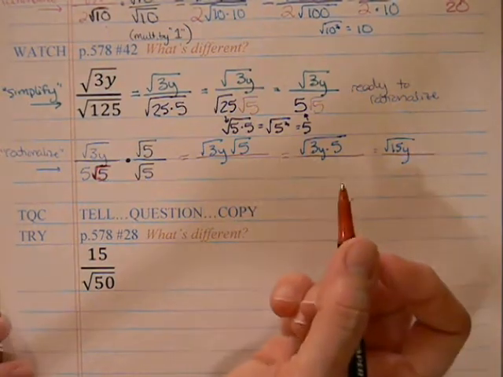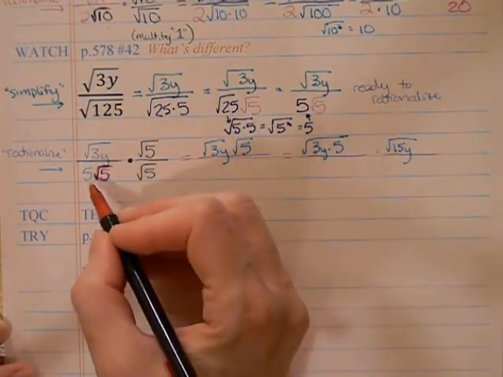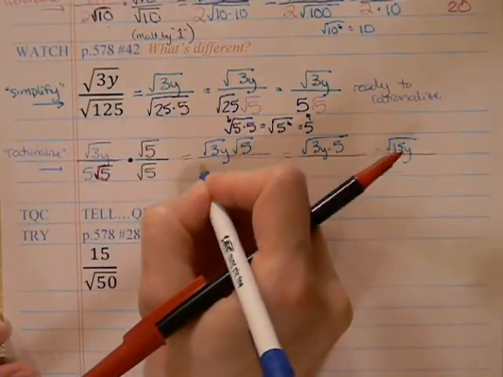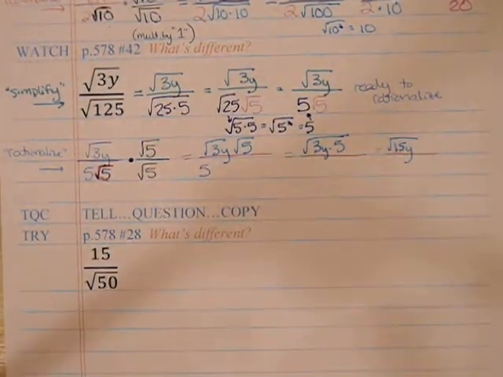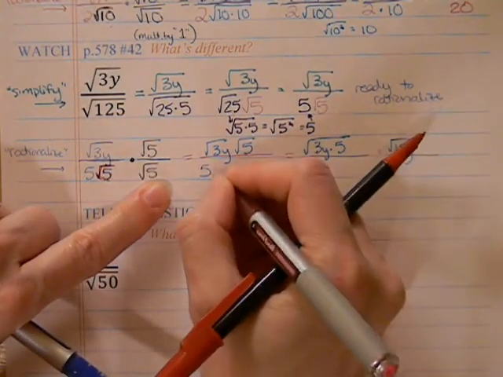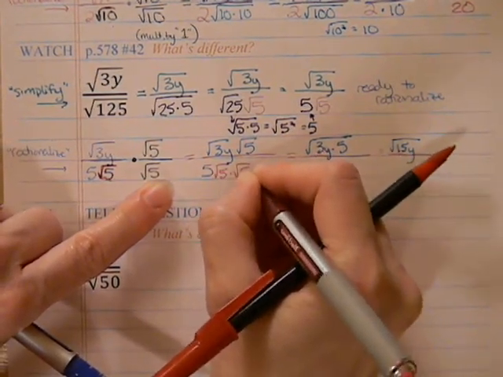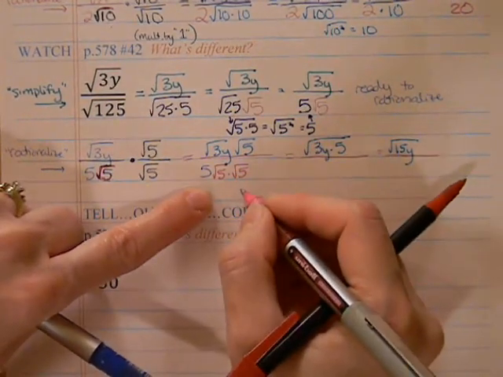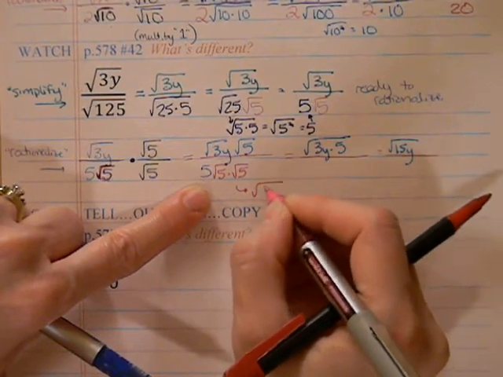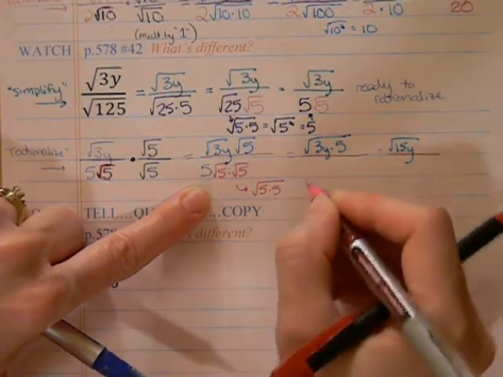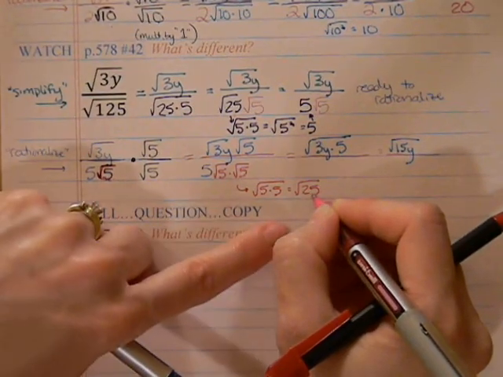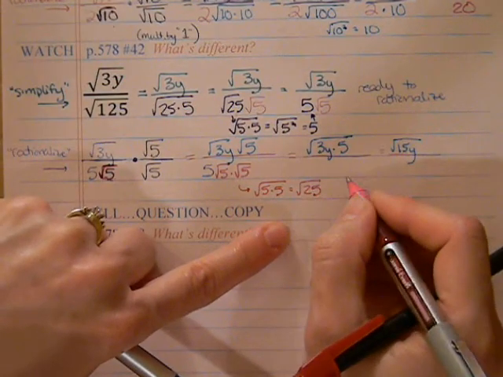On the bottom, however, we've got a 5, and this 5 is just going to follow us all the way through. But what we're really focused on is that radical 5 times radical 5. You can mush those together just like we did up top, and you get 5 times 5, which is going to give you a radical 25, which we know to be plain old 5.